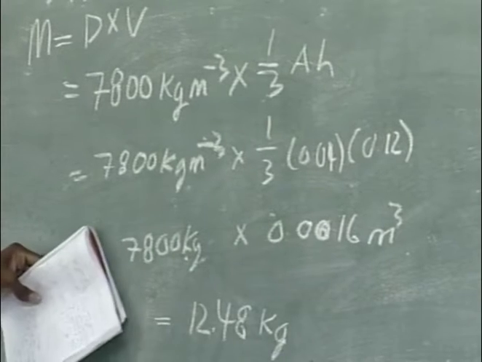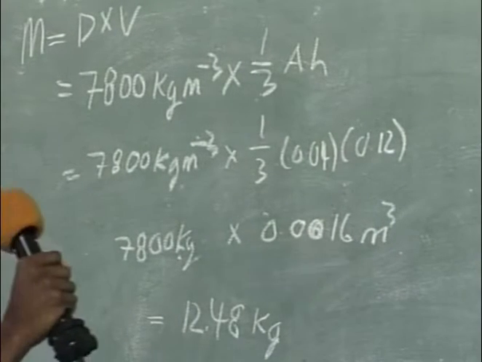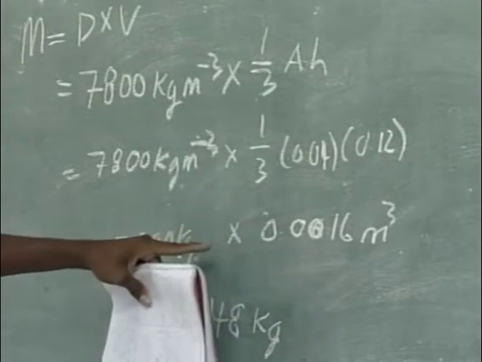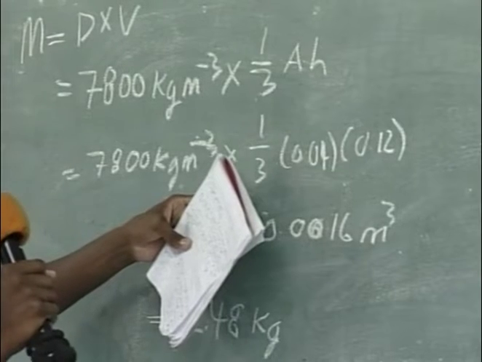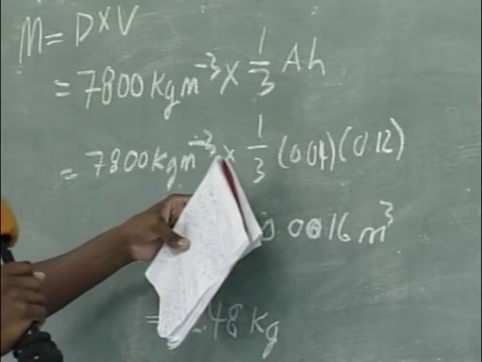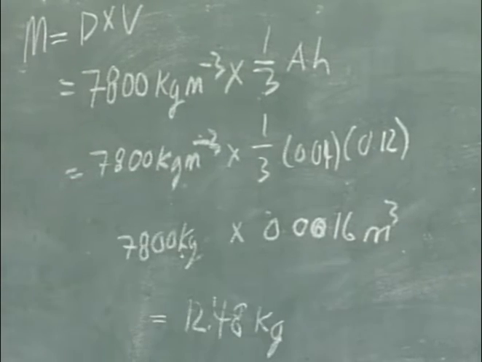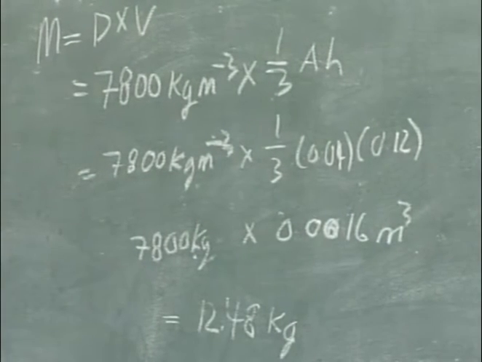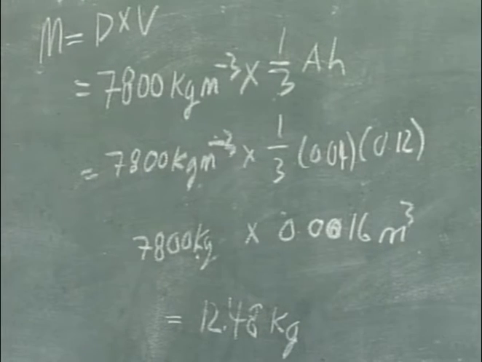And the volume of the pyramid is 1/3 of area times h. The sides of the base is 0.20. You square that and you'll get 0.04 times the height, 0.12 times the density, 7,800 kilograms.